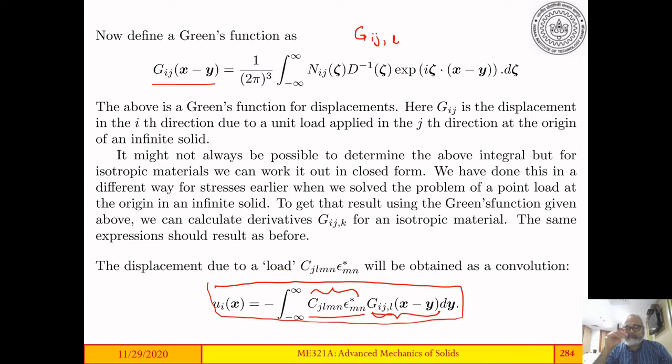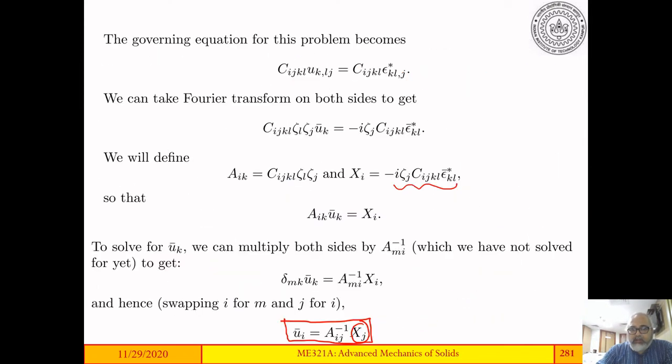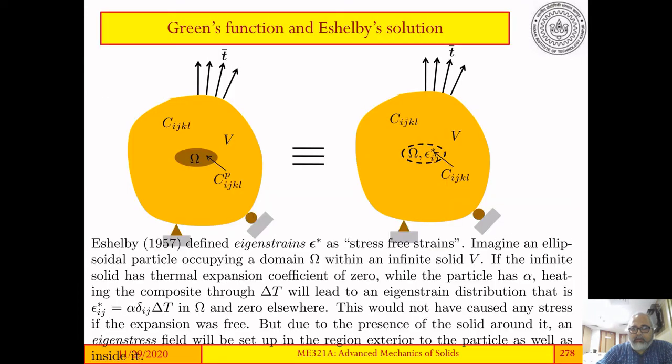Now, what Eshelby said was the following: inside that ellipsoidal domain, he realized that this ellipsoidal domain can be represented by a similar ellipsoidal domain but with a property Cijkl instead of Cijkl P. So the stiffness inside the ellipsoidal domain is now the same as that of the matrix, plus a constant eigenstrain applied inside.